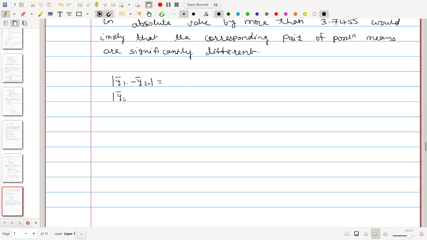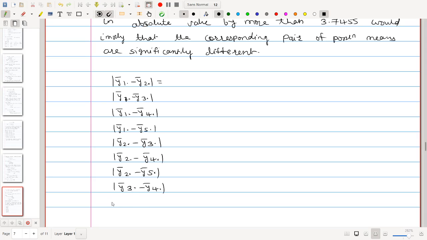So ȳ1. minus ȳ3., ȳ1. minus ȳ4., ȳ1. minus ȳ5., ȳ2. minus ȳ3., ȳ2. minus ȳ4., ȳ2. minus ȳ5., ȳ3. minus ȳ4., ȳ3. minus ȳ5., and the last one is ȳ4. minus ȳ5.